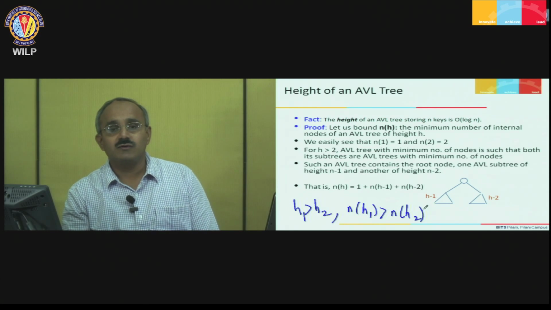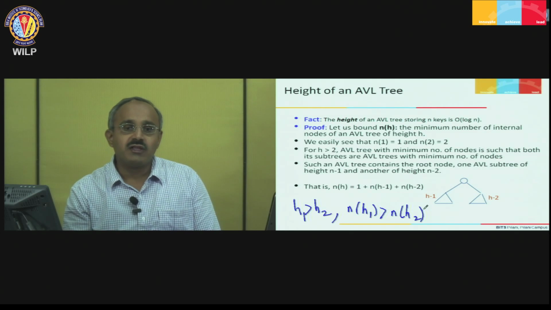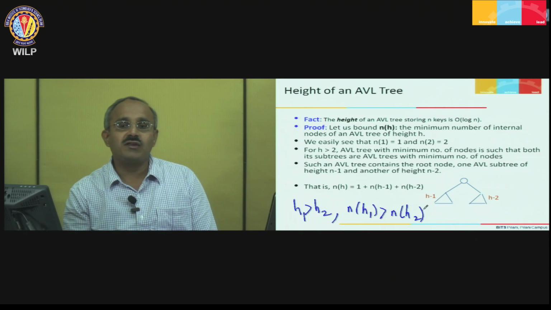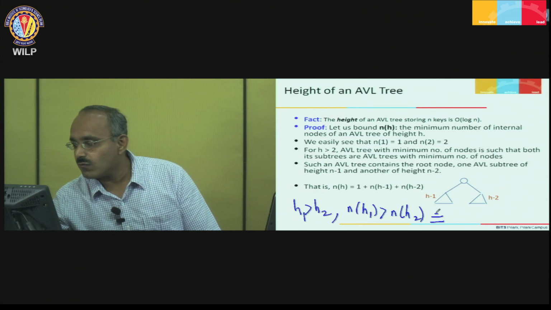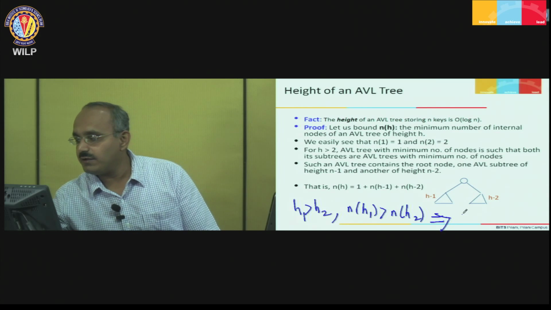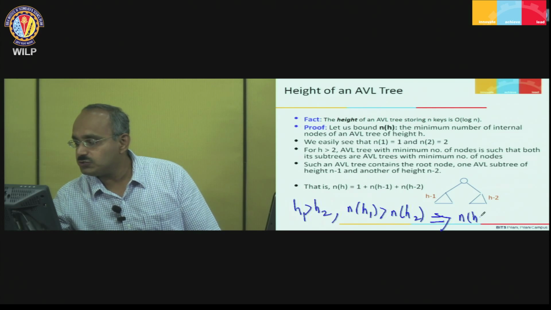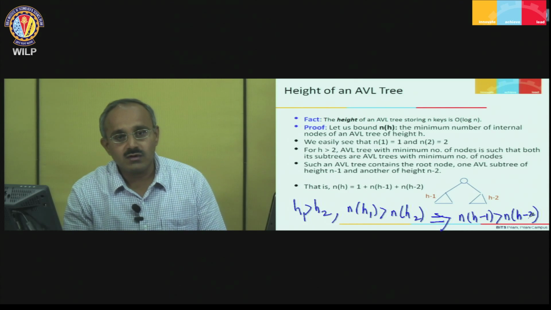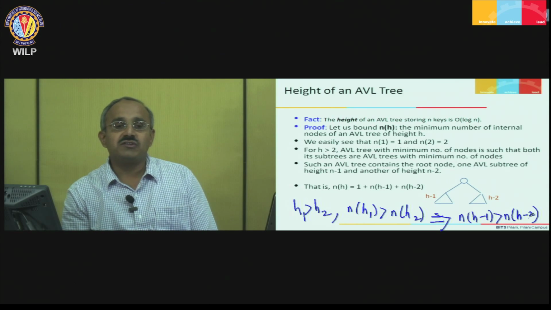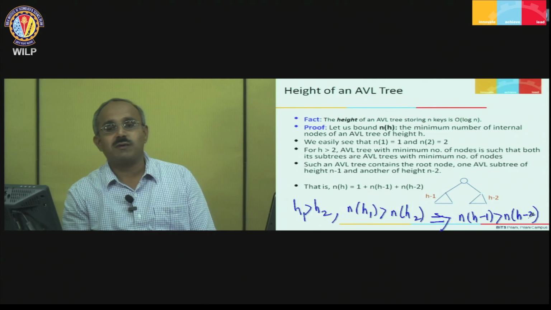Or in other words, if I take h 1 as h minus 1 and h 2 as h minus 2, I can infer that n h minus 1 happens to be bigger than n h minus 2. From the fact that n h is an increasing function of h, we can conclude that n h minus 1 happens to be bigger than n h minus 2.